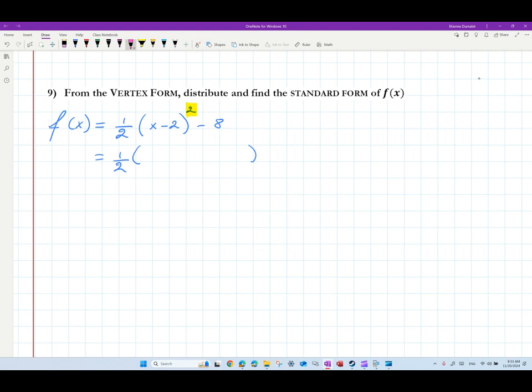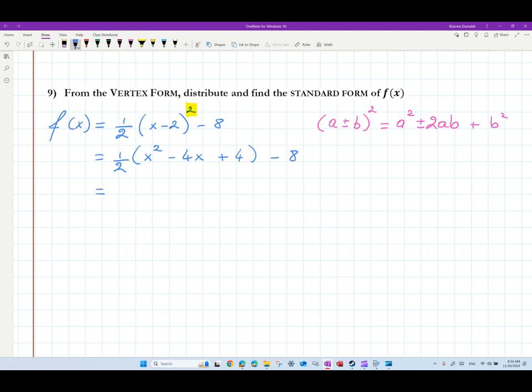Now, as a reminder, the perfect square trinomial identity is this one: a plus or minus b squared equals a squared plus or minus twice the product ab plus b squared. So in that case, I would have x squared minus 4x plus 4. Don't forget the minus 8 here.